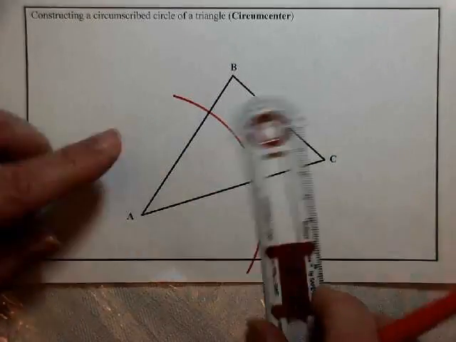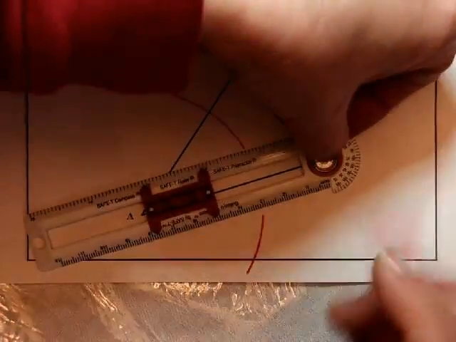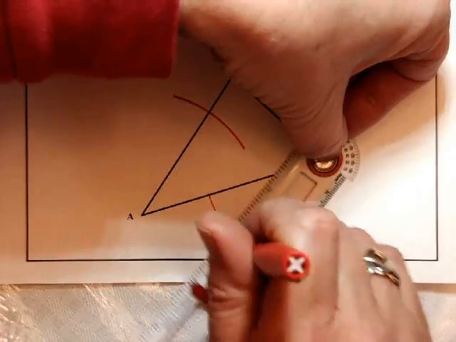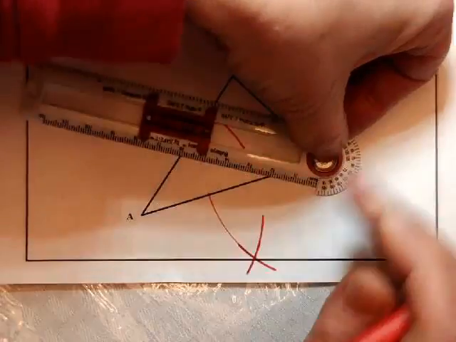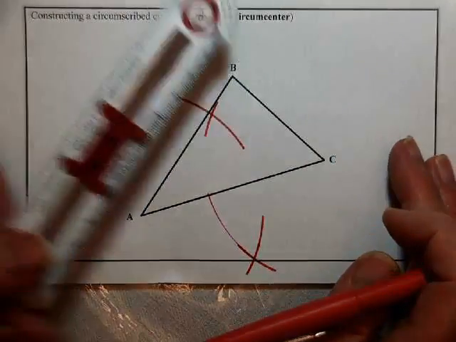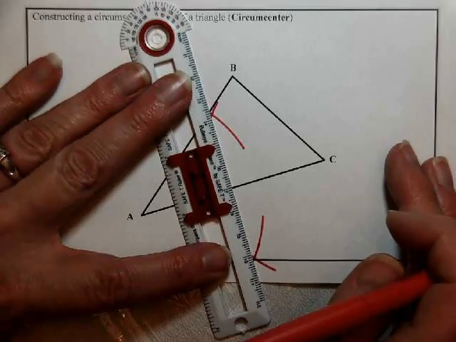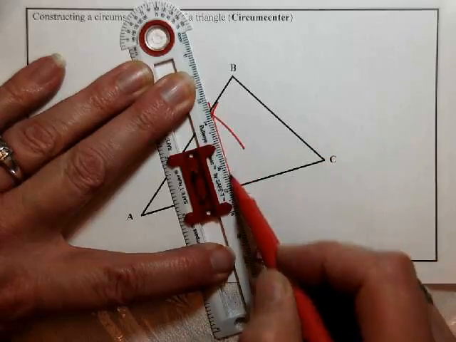Remember, we're going more than halfway. We're going to cross the arc down here and cross the arc up here. That's going to enable us to find where the perpendicular bisector is of the side AC. So I'm going to go ahead and draw this perpendicular bisector.